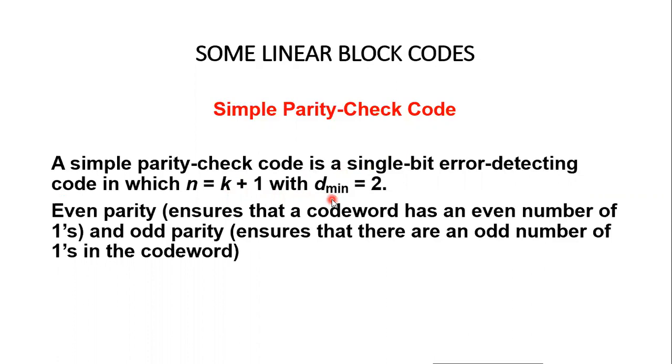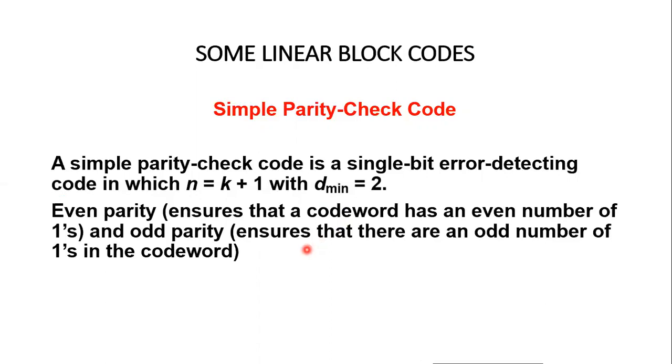The extra bit, called a parity bit, is selected to make the total number of 1s in the code word even. So this is called the even parity.